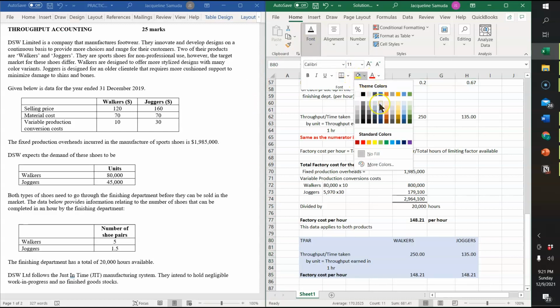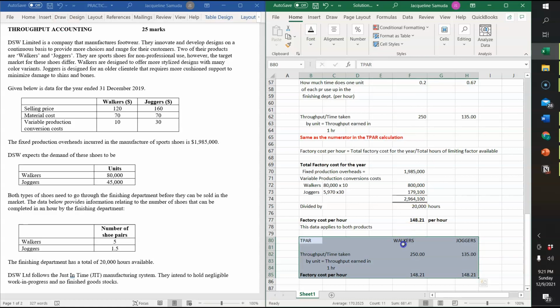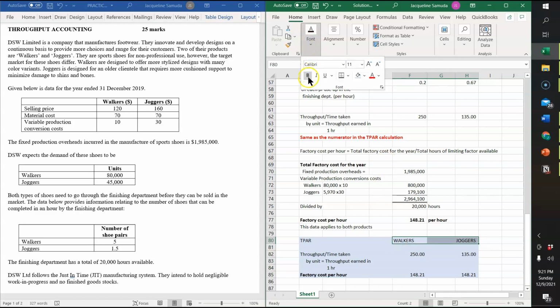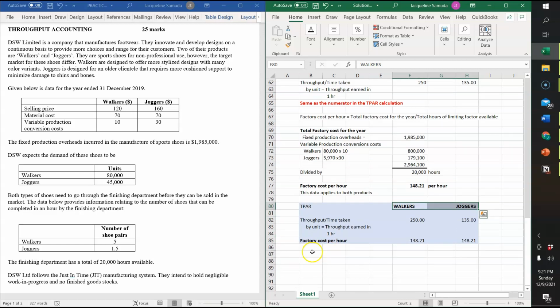So let me just highlight this. The walkers are the more profitable option than the joggers. And as such, we are going to expect a TPAR which is greater than 1 for the walkers. Let's check it.